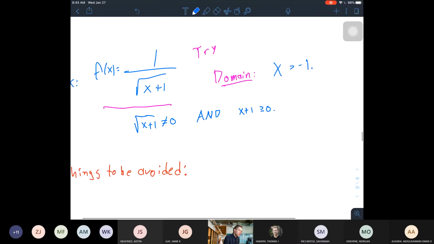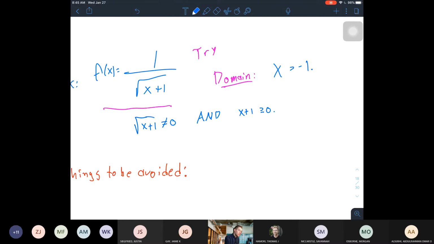So if we solve these, we would get x should not be equal to -1, and x should be larger than or equal to -1.